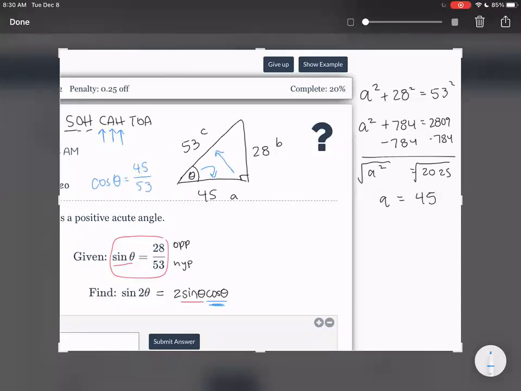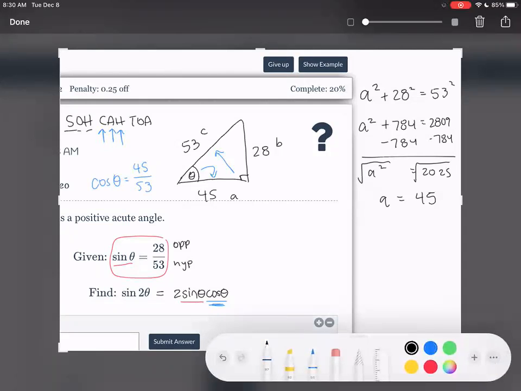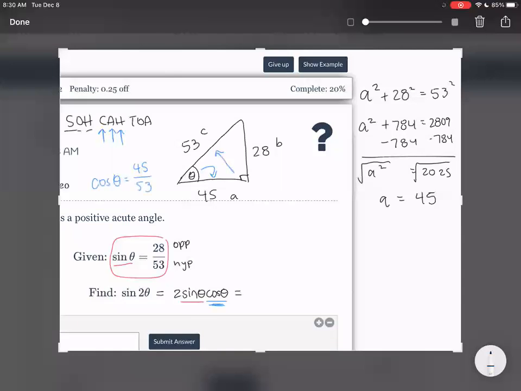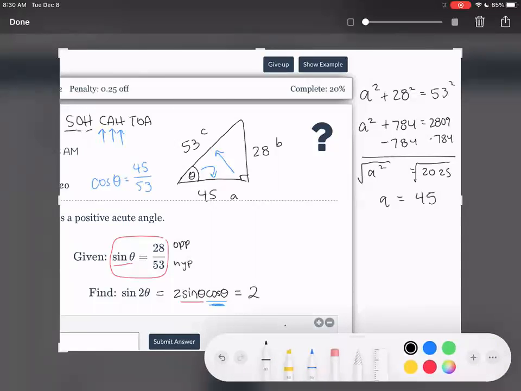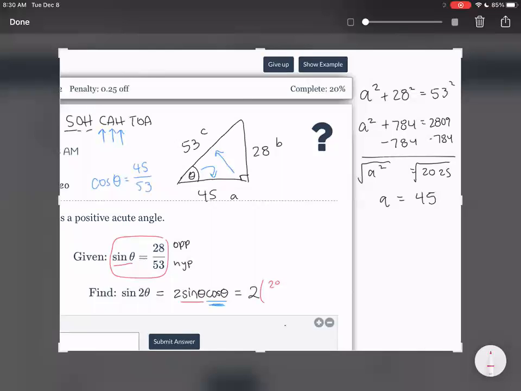So now we know what our sine is. It's given to us in red, and we know what our cosine is. We just found it in blue. So now we have enough information to plug into our original formula. So it's 2 sine theta cosine theta.